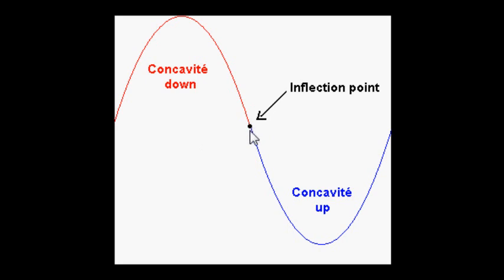Inflection point: the second derivative at the x value corresponding to this point would give you 0. If you move to the left of the x value, the graph is concave down, and after this point over here it is concave up.